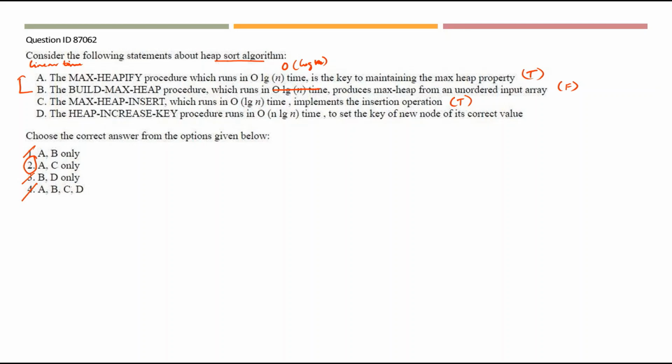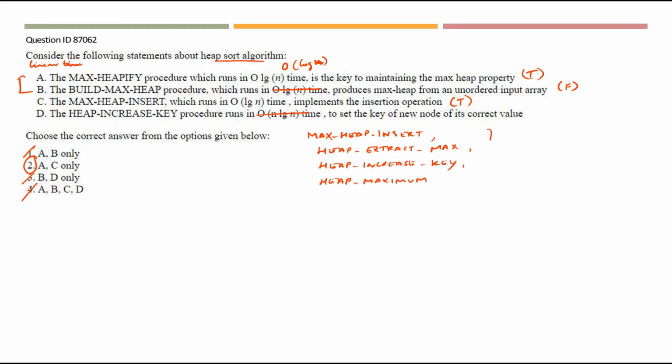Then what is wrong with statement D? The heap increase key procedure runs in O of n log n time to set the key of a new node to its correct value. Again, the explanation of the procedure is right, but the time is wrong. There are 4 procedures: max heap insert, heap extract max, heap increase key, and heap maximum.